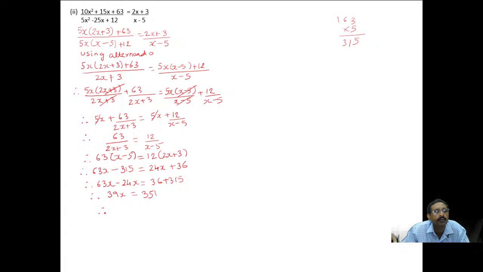Okay, what can be done now? I want the value of x. To get the value of x, we will keep x separate here. x is equal to 351 upon 39, because 39 is getting multiplied here, and when it comes to the other side it becomes division. Now let us see, can we reduce it further? 3 ones are 3, 3 13s are 39.